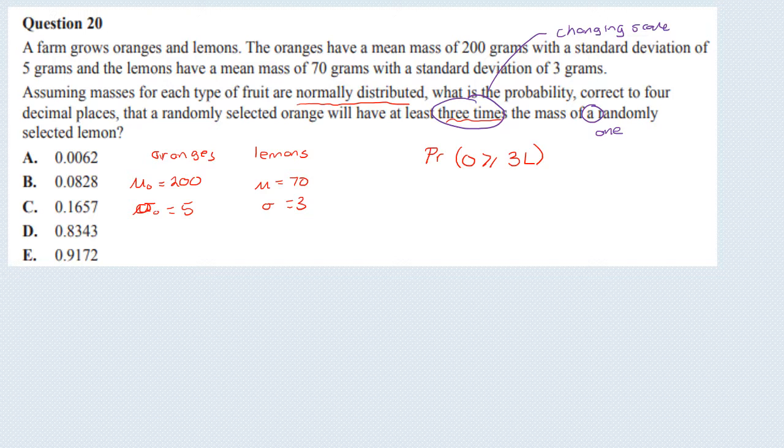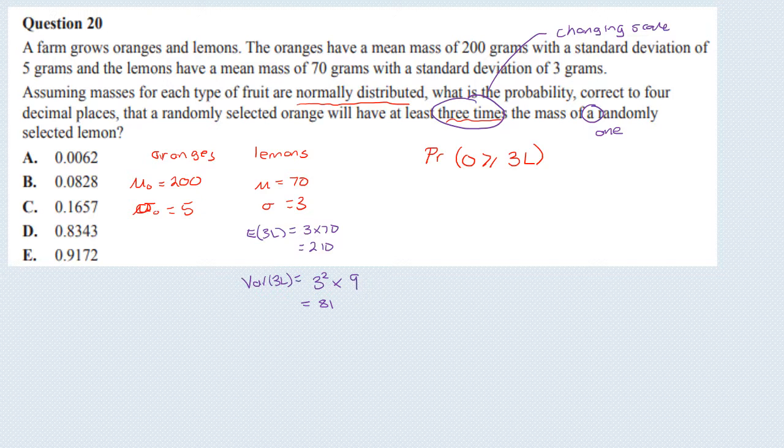So if we come back to our lemons for a minute, if I'm working out E of 3L, my formula is 3 times 70, so I would get 210, and the variance of 3L would be 3 squared, from multiplying the lemons by 3, times the variance of a lemon, which is 9, and we get 81.